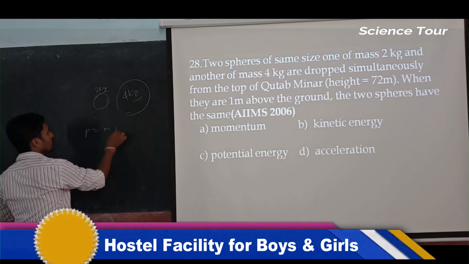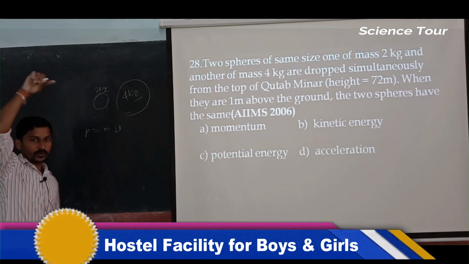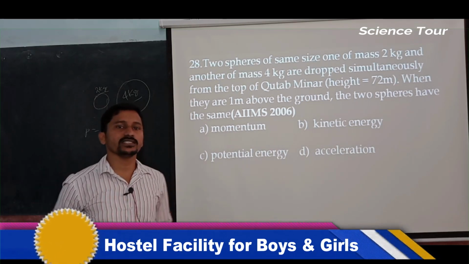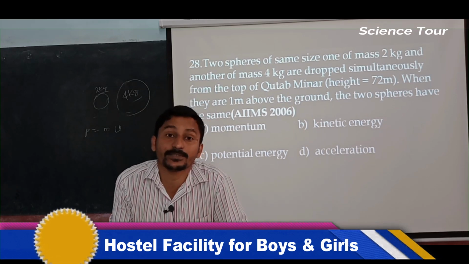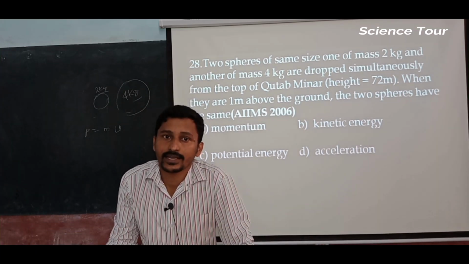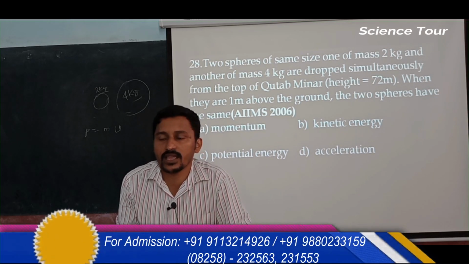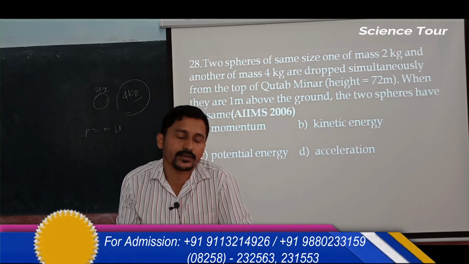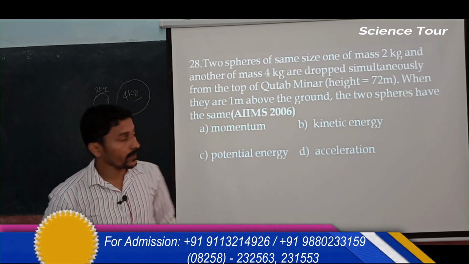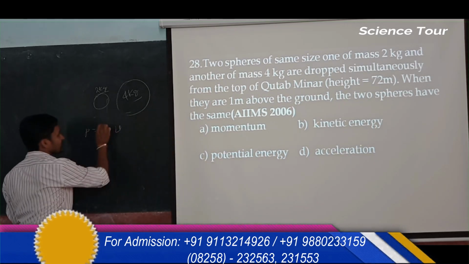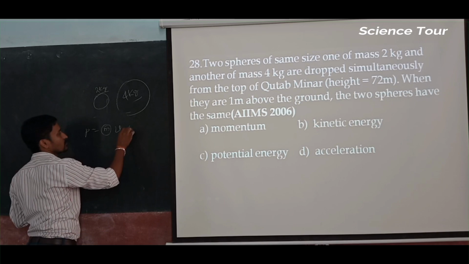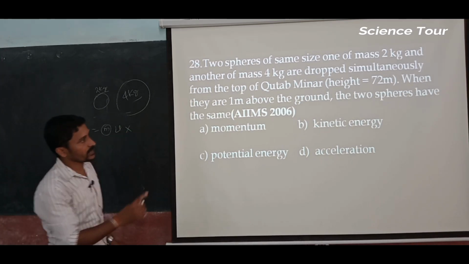P is equal to m into v. In the earlier problem we studied that velocity remains the same for any object irrespective of their mass, right? Irrespective of their mass, the velocity of both objects remains the same. Now what is going to happen here? Mass is responsible for the momentum, so momentum cannot be the same.